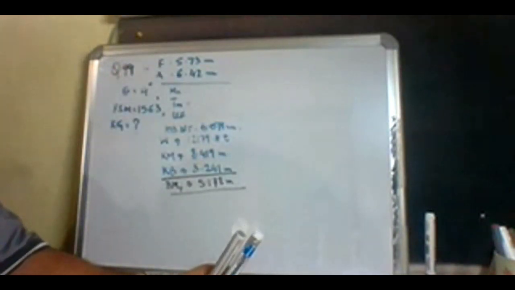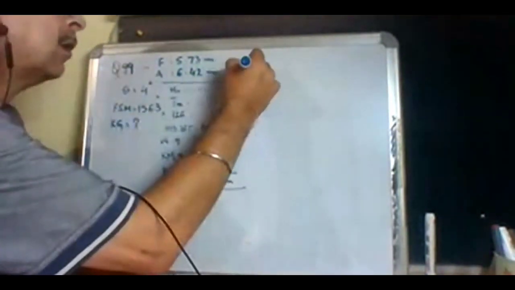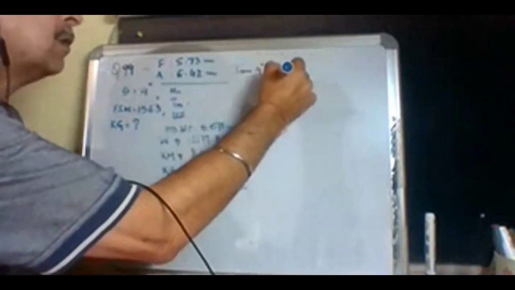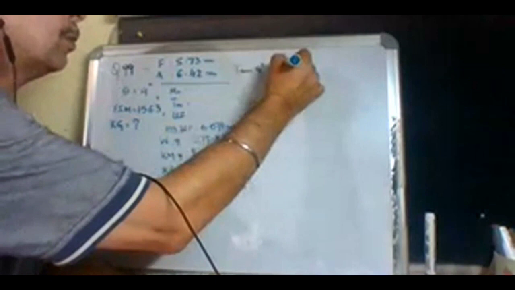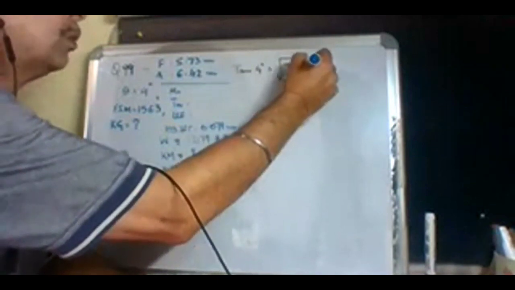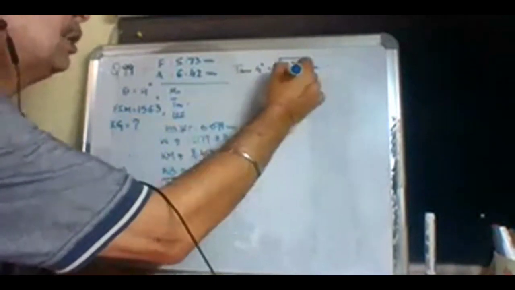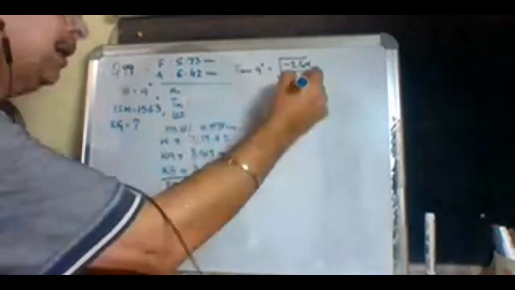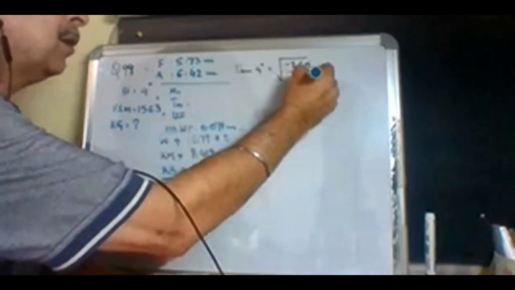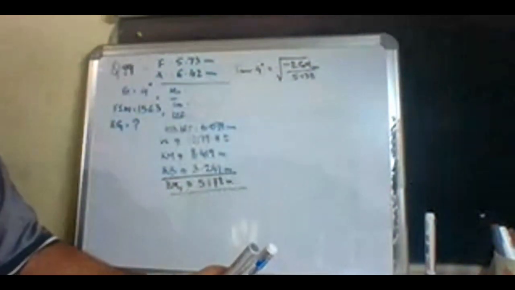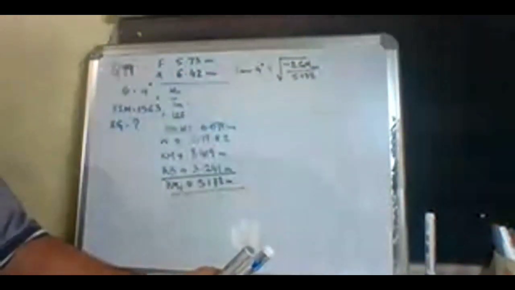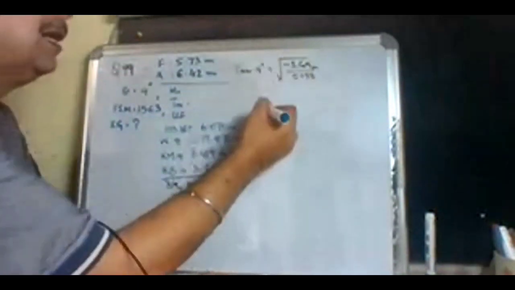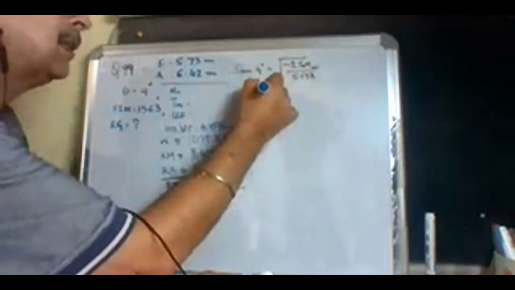So therefore, you are given an angle of loll. tan 4 degrees is equal to minus 2 GM initial upon BMT, 5.178. So therefore, find out the initial GM. Again, the same thing: you will say I have put negative, so I cannot find this value.